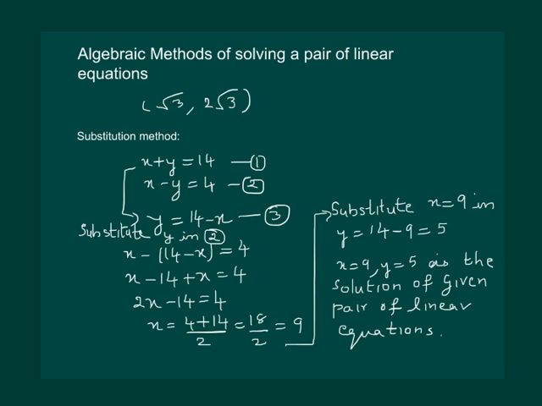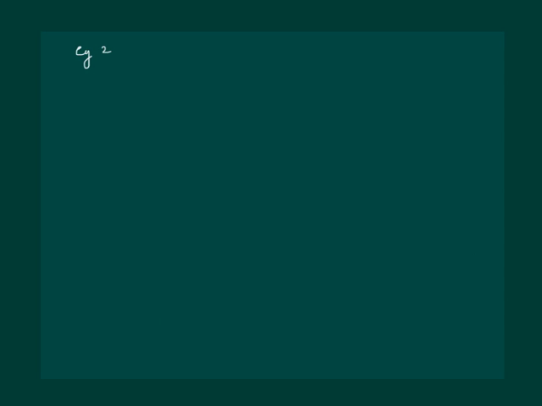This particular example had a unique solution, that was x equal to 9, y equal to 5. Let us take up another example to understand what happens if the pair of linear equations has infinitely many solutions or no solution at all. Let us take up another example and solve it by the substitution method to understand what happens if the equations have infinitely many solutions.